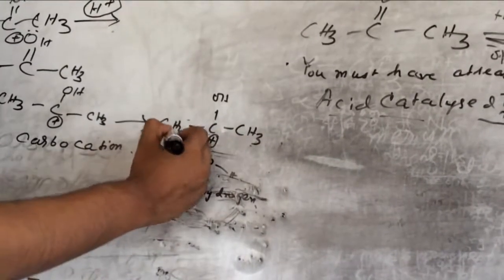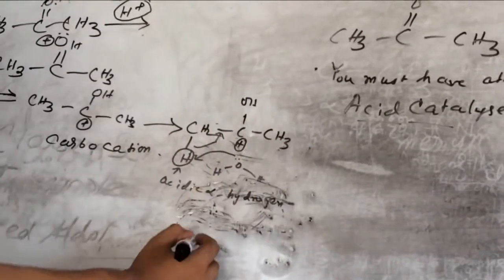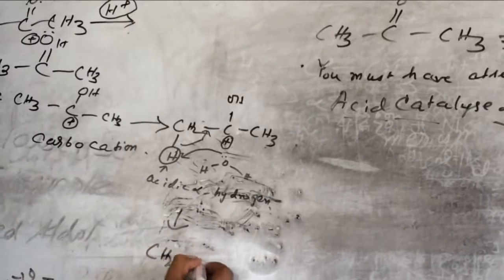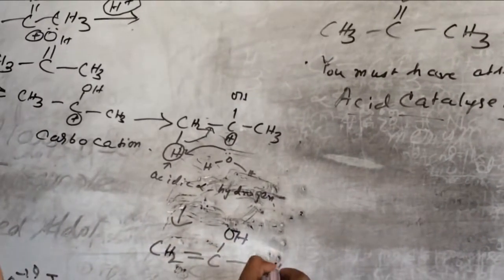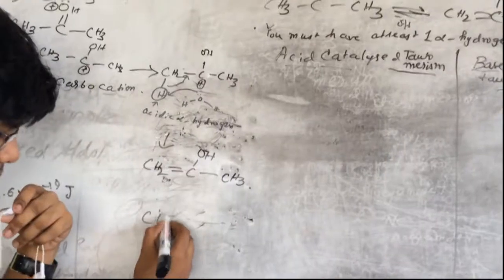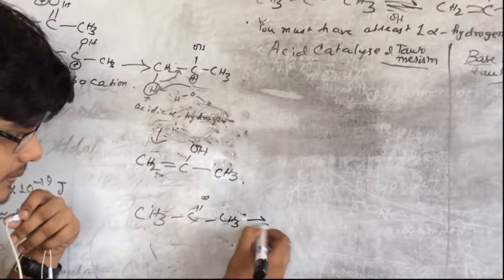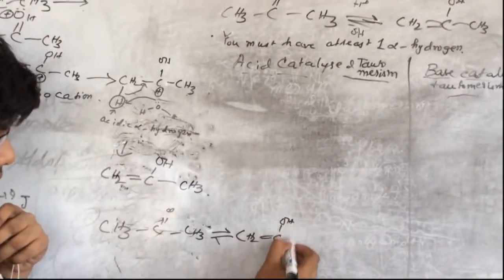So next step is, this bond goes here and it becomes CH2 double bond C(OH), CH3. The propanone gets in equilibrium with its isomer CH2=C(OH)CH3.